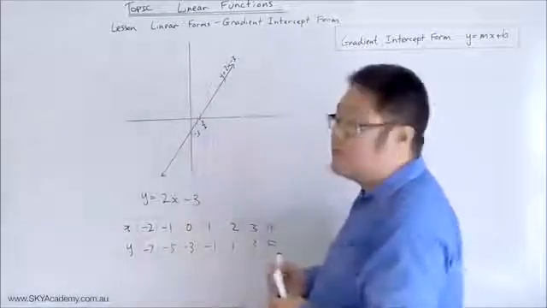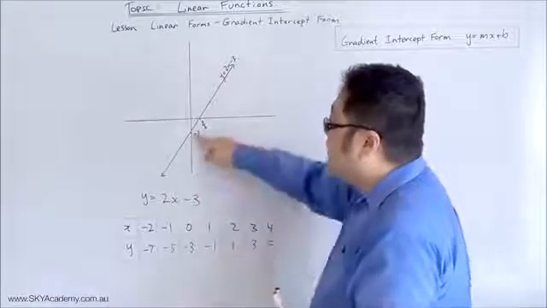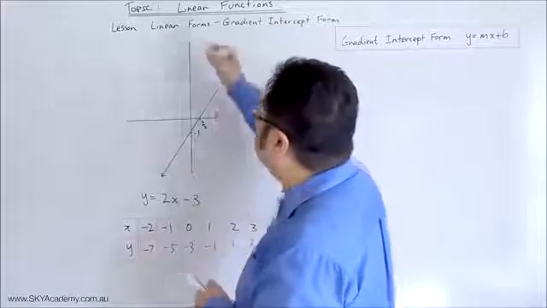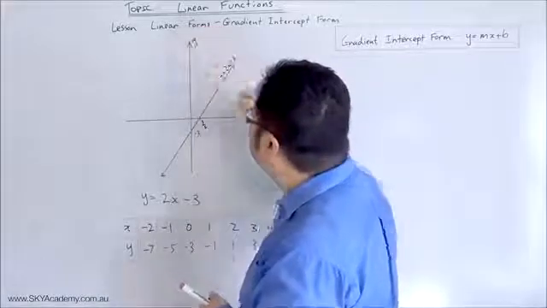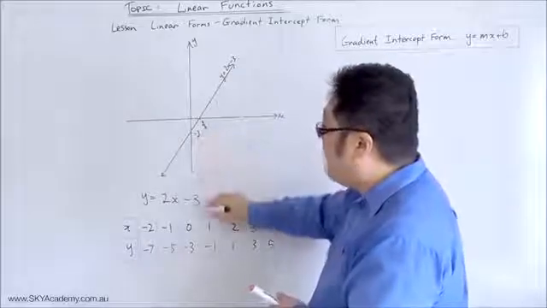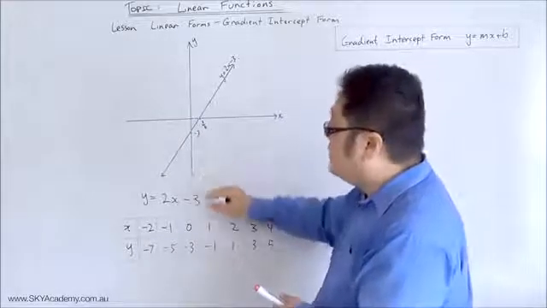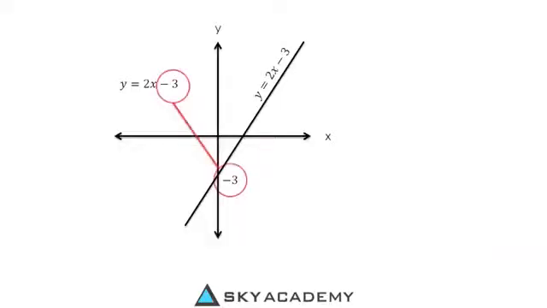This point here would be minus 3. But what I want you to notice is that the point where it crosses the y-axis is at minus 3. The back end of the function, this minus 3, corresponds to where it crosses the y-axis.